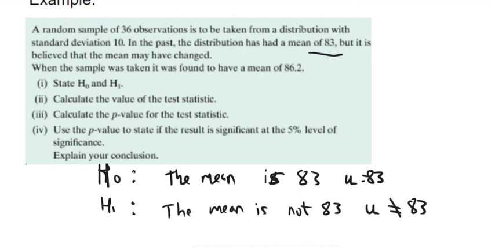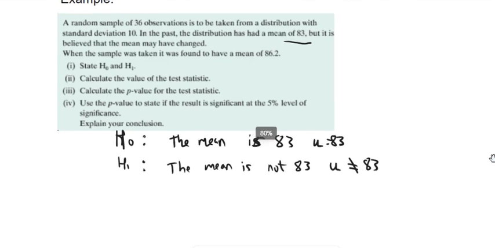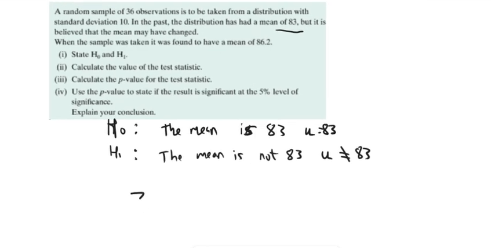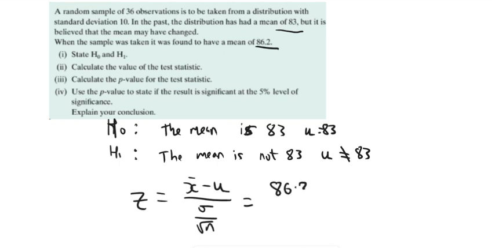Now we're going to get our test statistic, using that formula: z is equal to x bar minus mu over the standard deviation over root n. When the sample was taken, it was found to have a mean of 86.2, so that's our x bar. Our x bar is always the mean of the sample.